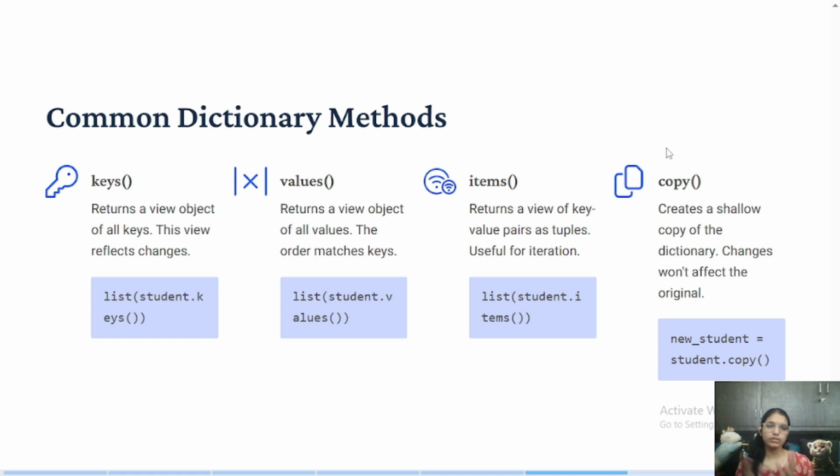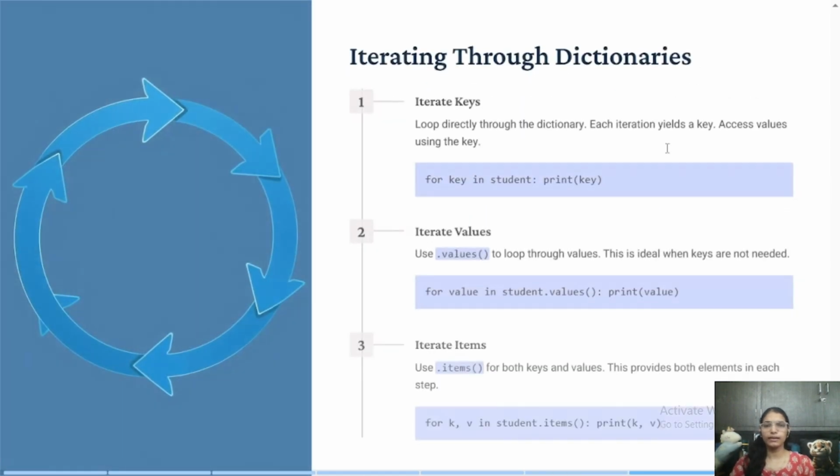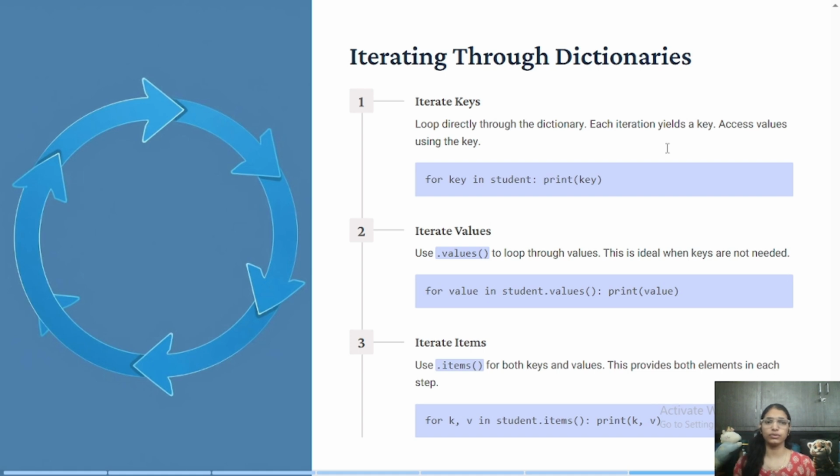So we can take the previous dictionary name, student dot copy method. This will not change anything in the student dictionary, but you will get the same thing in the new student dictionary. That's about the common dictionary methods.